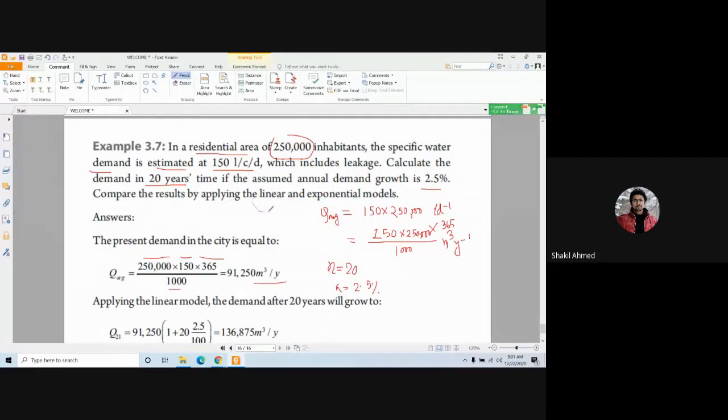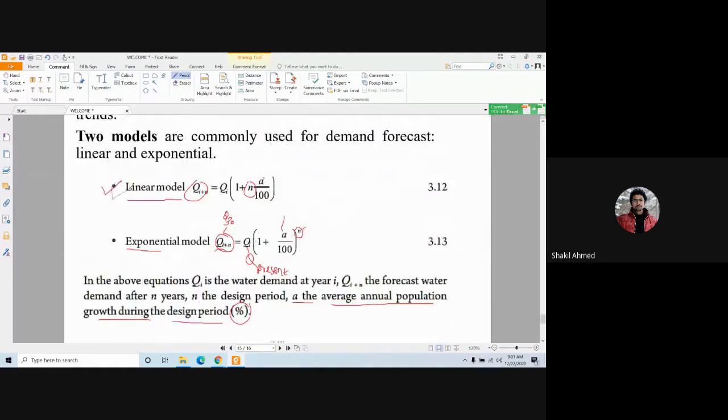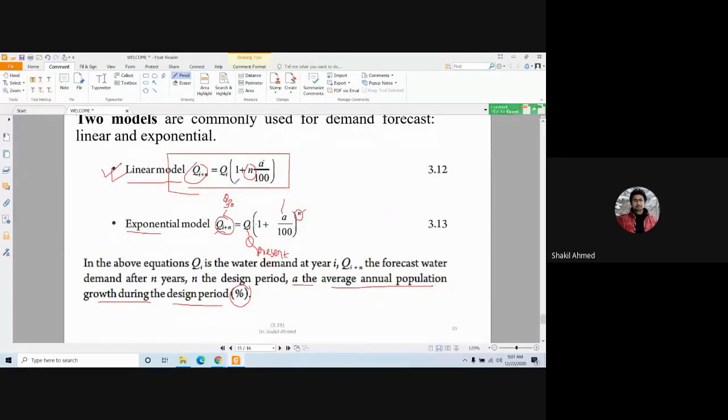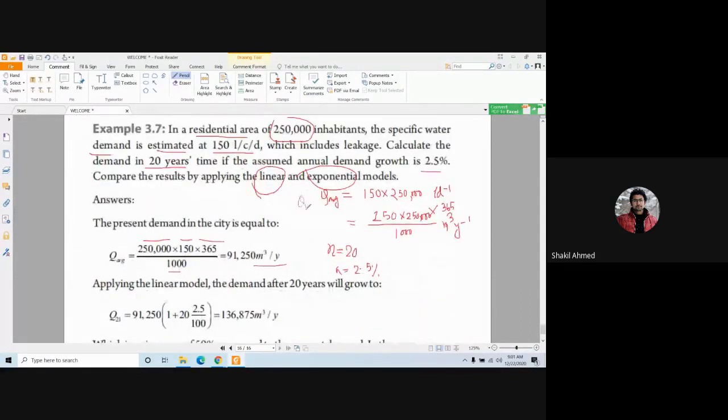So you have to do it in both linear and exponential models. So look at the linear model. This is the equation. So what is QIN? You have to determine this. What is QI, guys? QI is this. What is this value? 91,250, right?